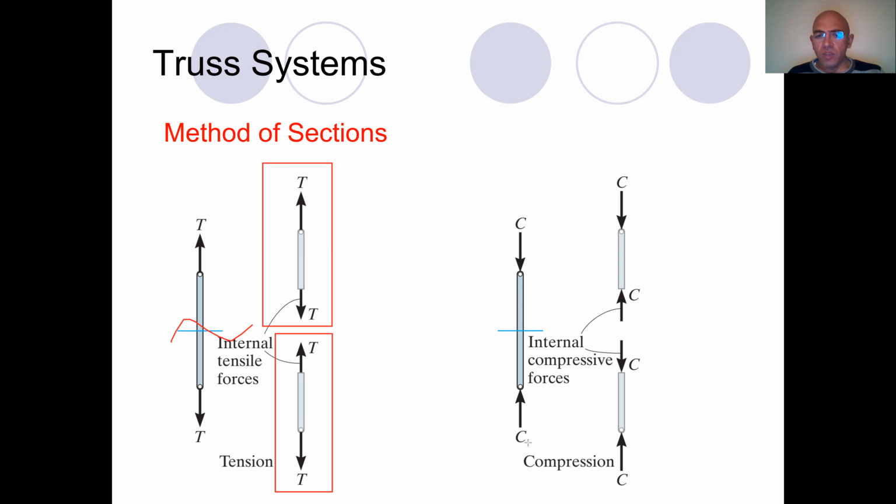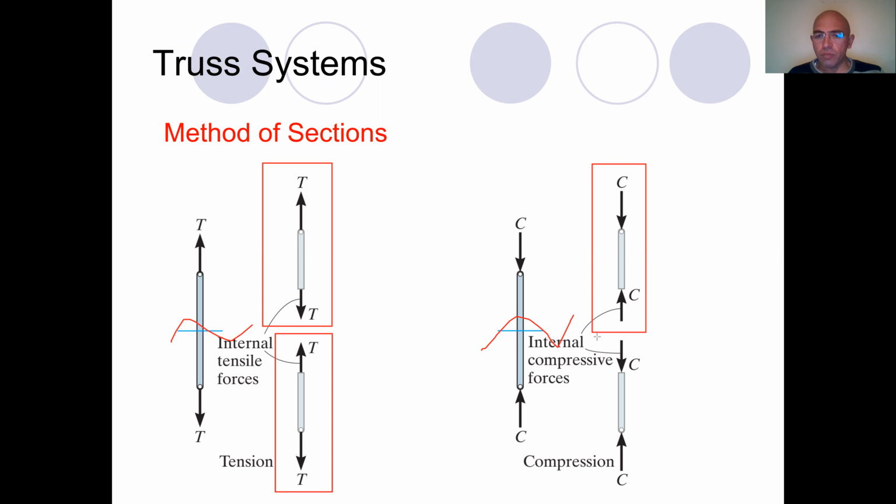It is the same if the forces are compressive. So the force can be compressive. We can cut it at an arbitrary point. And again, you have to keep in mind that each piece has to be in static equilibrium.